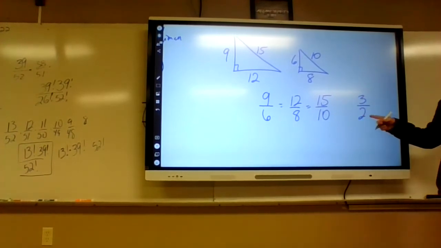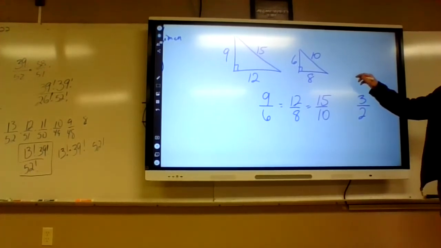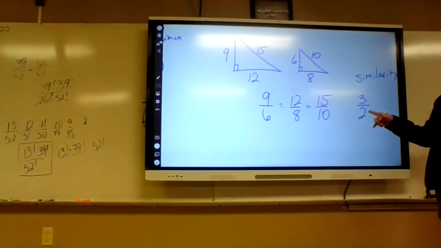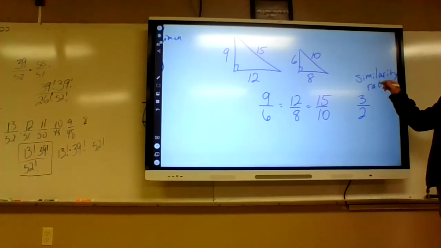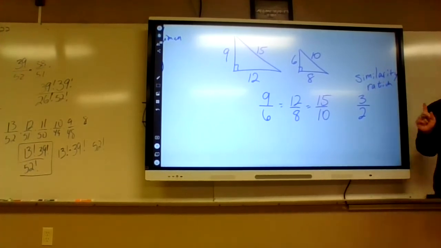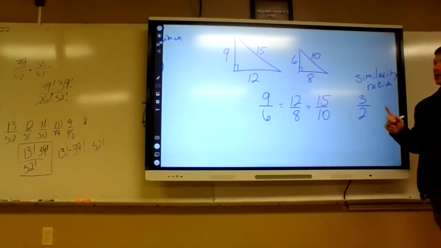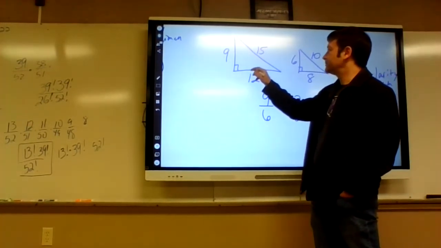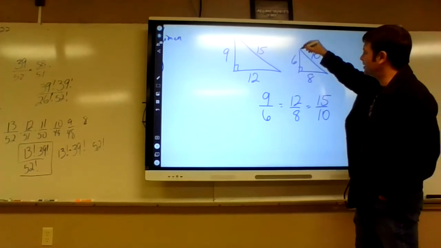You guys remember what the book called this right here? It's called the similarity ratio. It basically tells you the ratio of any sides on similar shapes. But it doesn't just do that. If I draw another line in here, here's a question, you guys probably forgot this one.